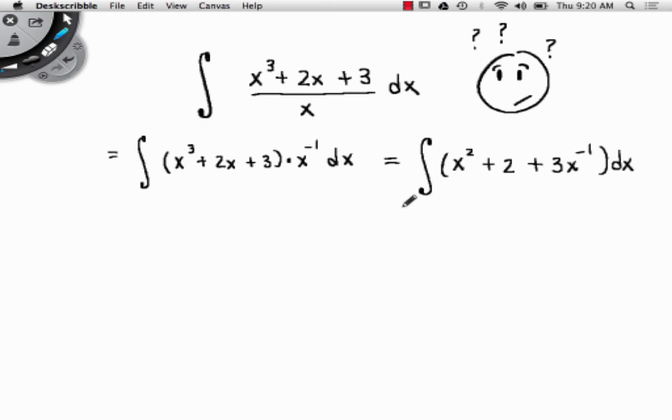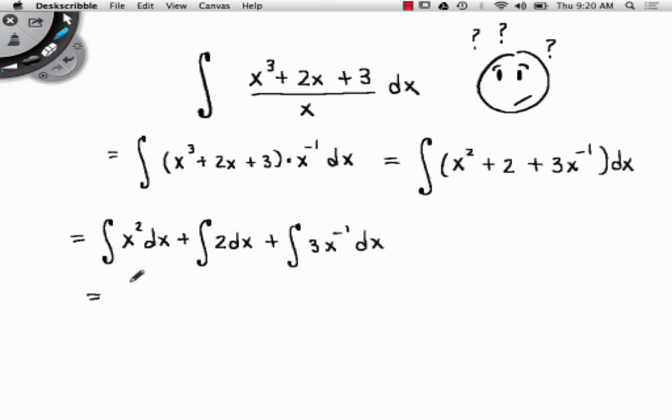Now we can split everything up. Now I'm going to bring my constants outside.